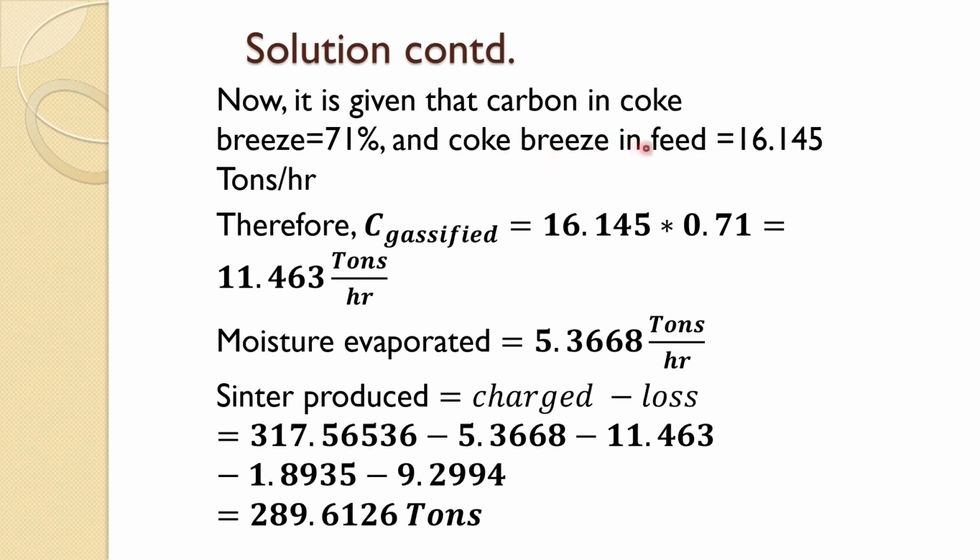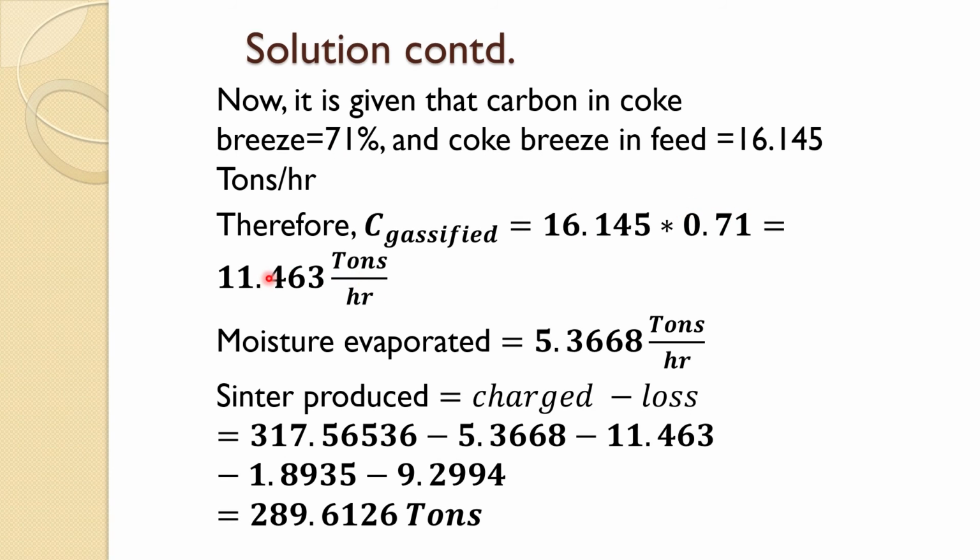It is also given that coke breeze has 71% coke in that, and the feed rate is 16.145 tons per hour. So, carbon gasified, because all the carbon is getting burned, this into 0.71 will give you the fixed carbon.